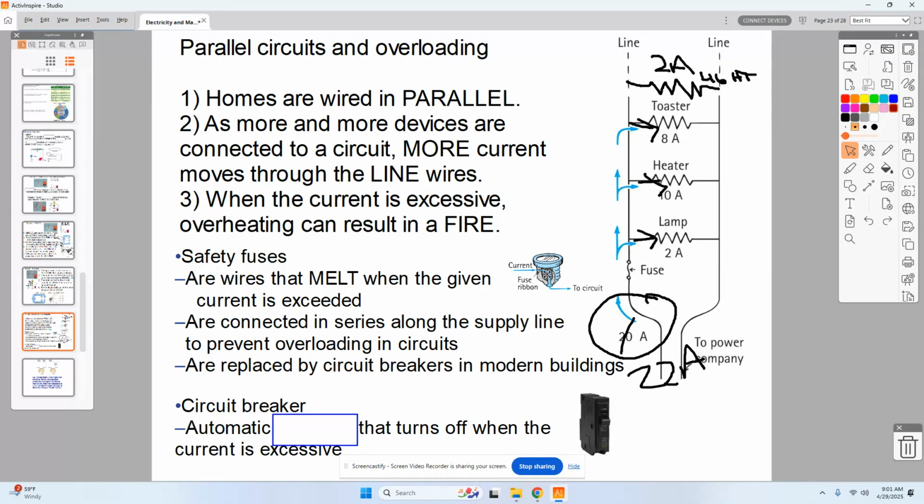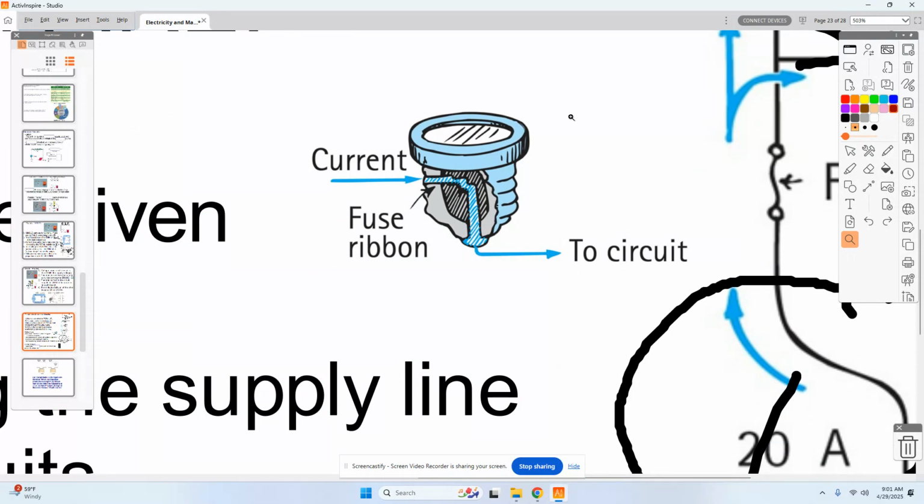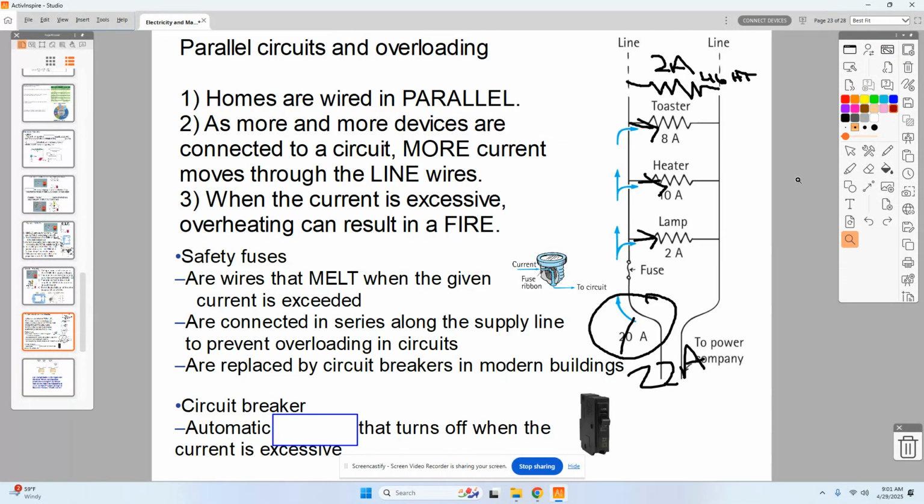Down near your furnace, in the event that you have an older furnace, sometimes you'll see fuses that look like this. They screw into a little box down by your furnace. If that furnace trips that or blows that fuse, you're going to end up having to replace that because they're not resettable. Now, it is a series connection, so the current flows through the filament and then to that circuit.